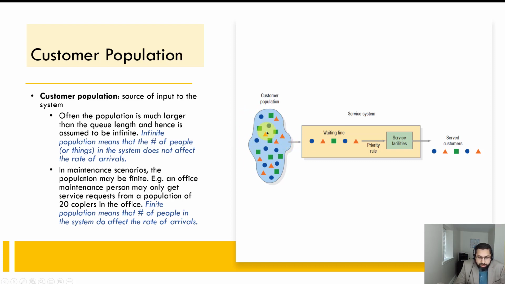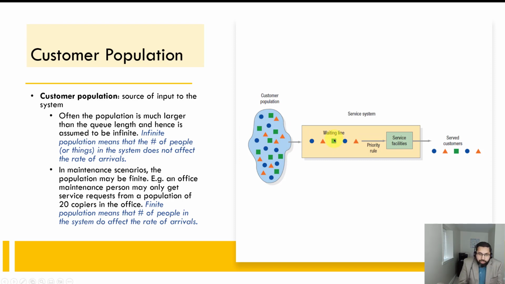So if you are a service business in Grand Blanc or Flint, and traditionally you only see customers from Flint, then your population would be the people in Flint, because some of those people could come to your business, for example. The only thing we're interested in here is how big the population is, okay? Because it simplifies our analysis, and most of our models assume that this population is much bigger than the people within your shop or your business.